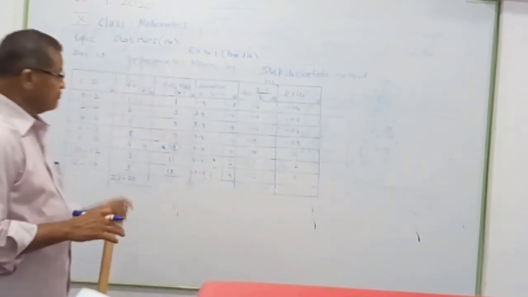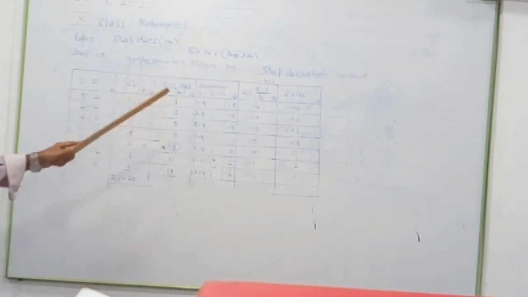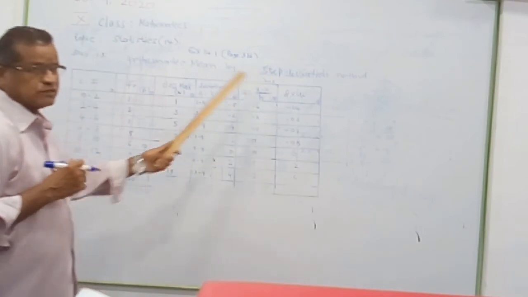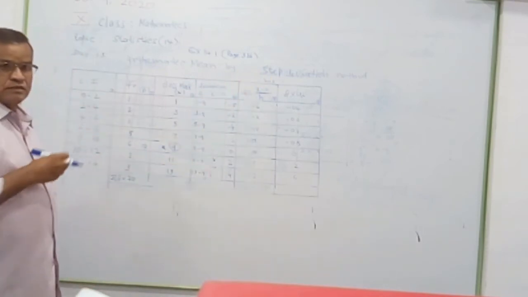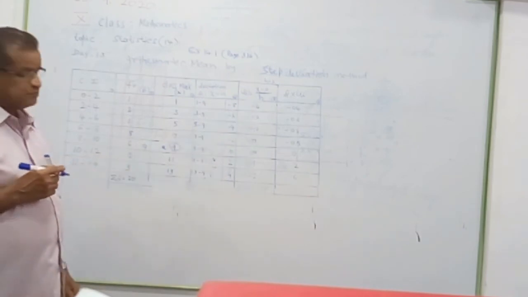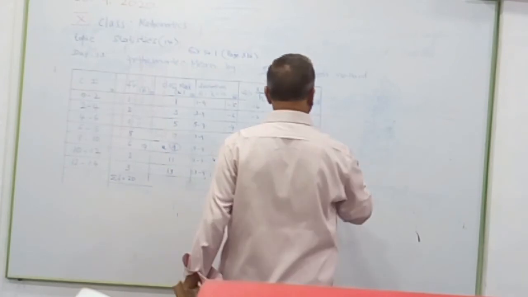See, don't confuse. This is step deviation method, important. Easy to calculate. This method is also called shortcut method. Now, add. How many negatives?